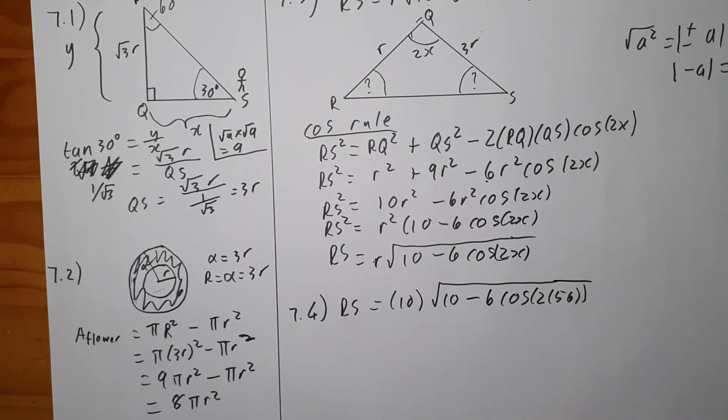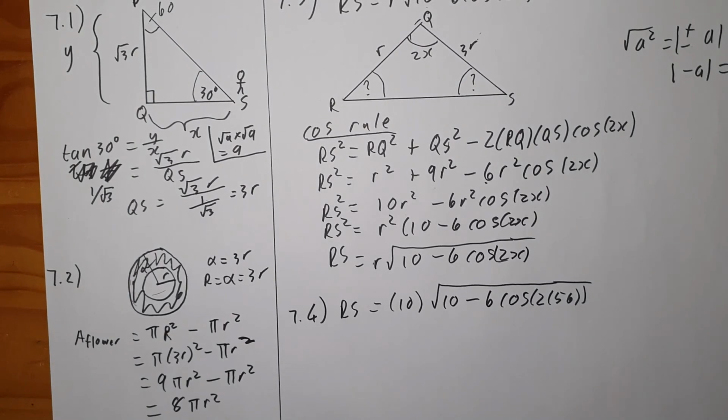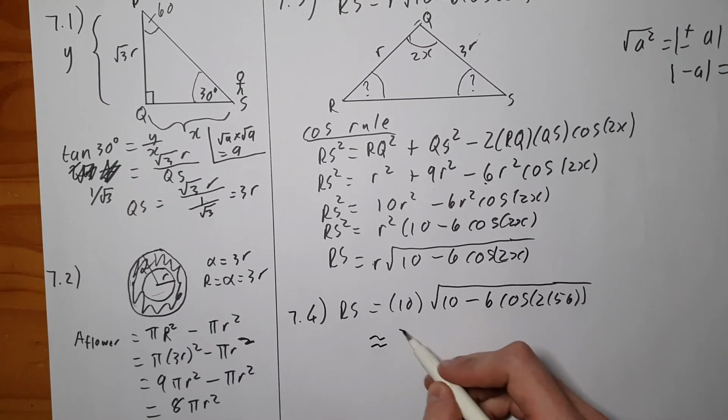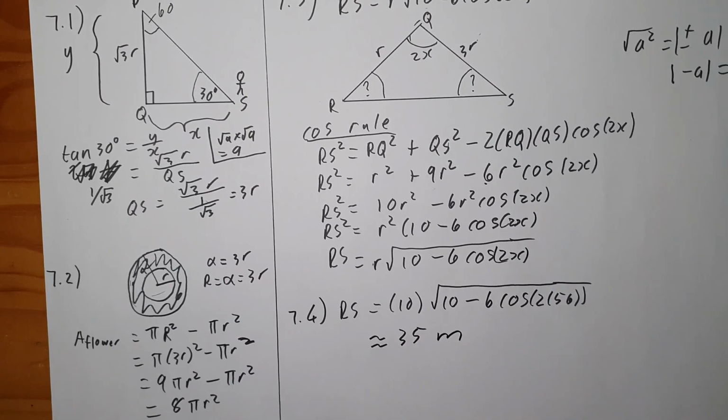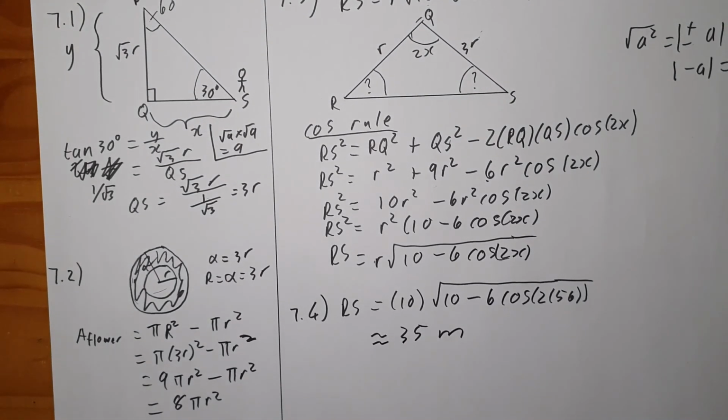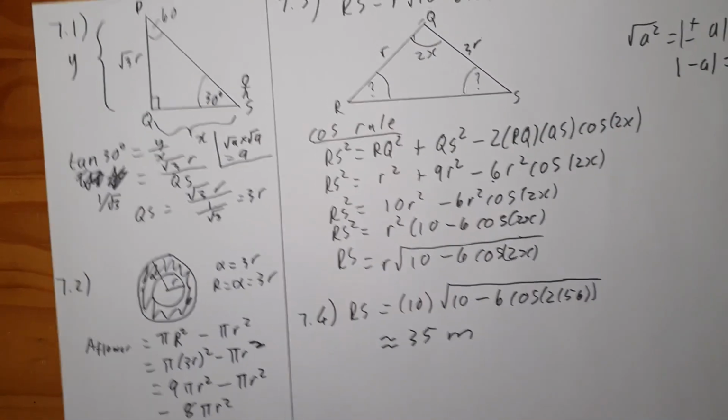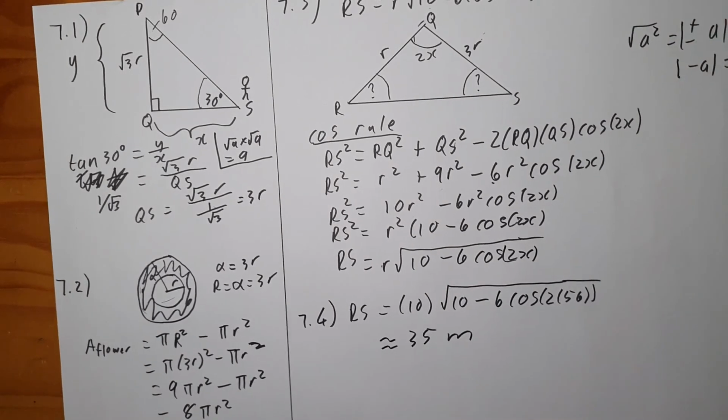Okay, and if we plug that into your calculator, you should get approximately 35 meters. Just double check my answer there. There we go. So your answer should come down to 35 meters.